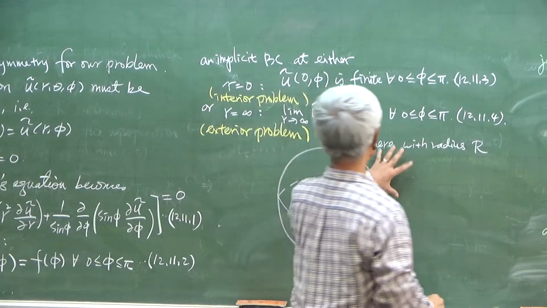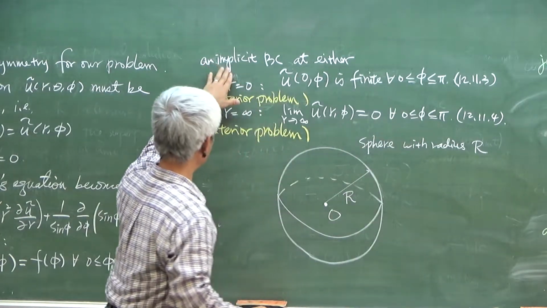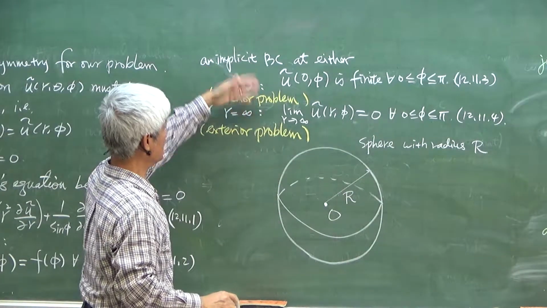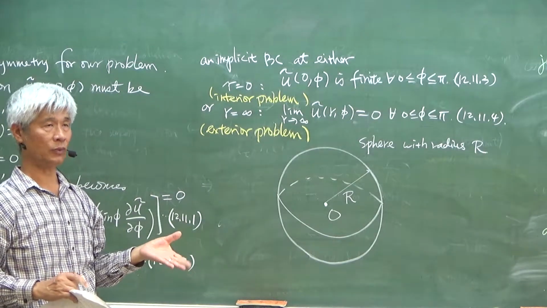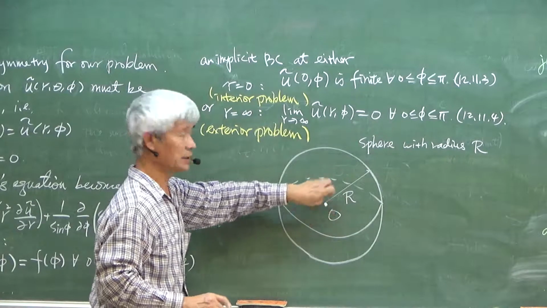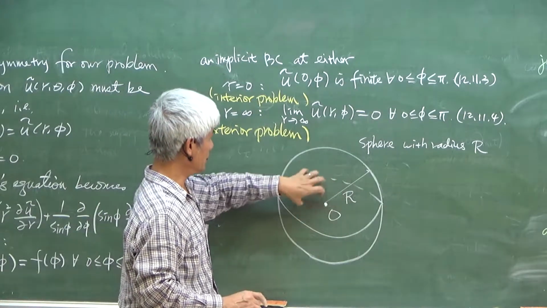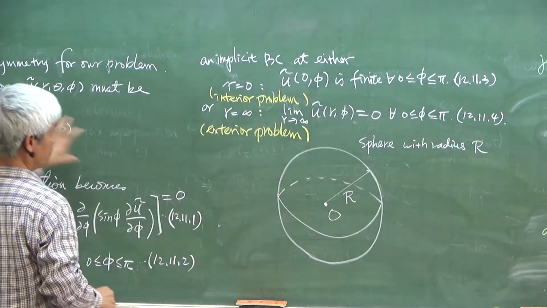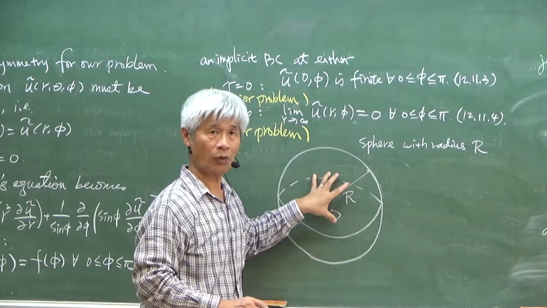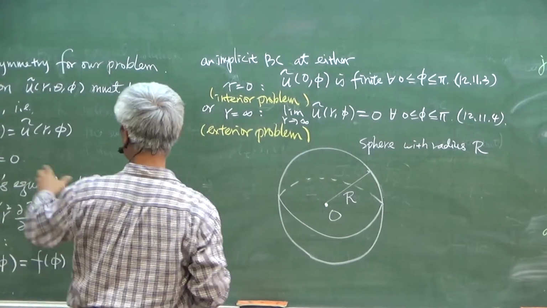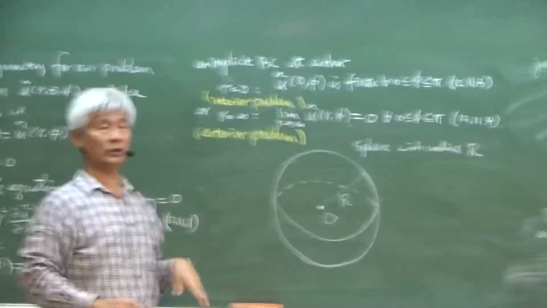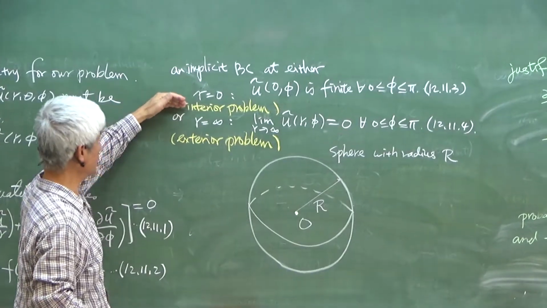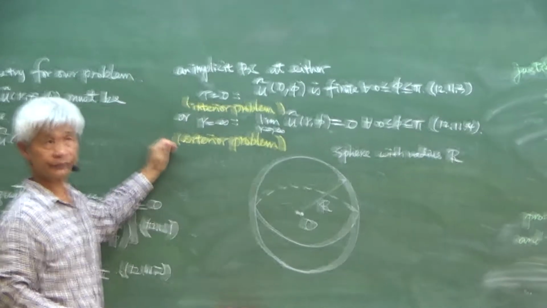But for the other implicit boundary condition, it depends on the problem. Either it is the interior problem, where you are concerned with the u value inside the sphere, or you are concerned with the u value outside the sphere. So you have either an interior problem or an exterior problem.